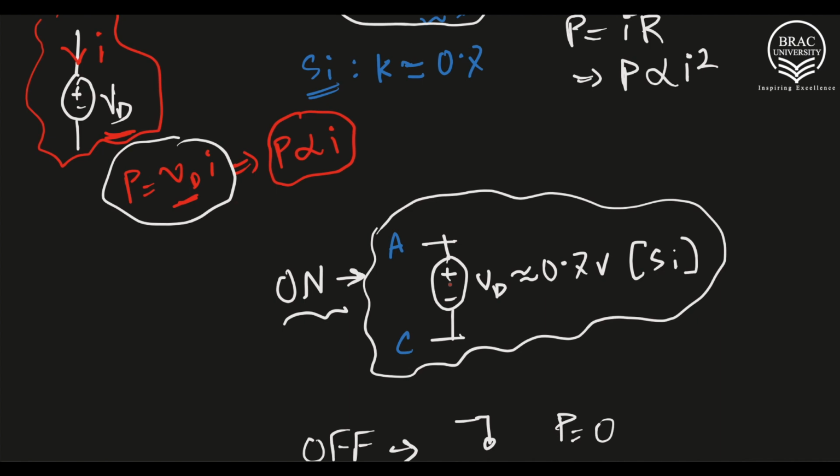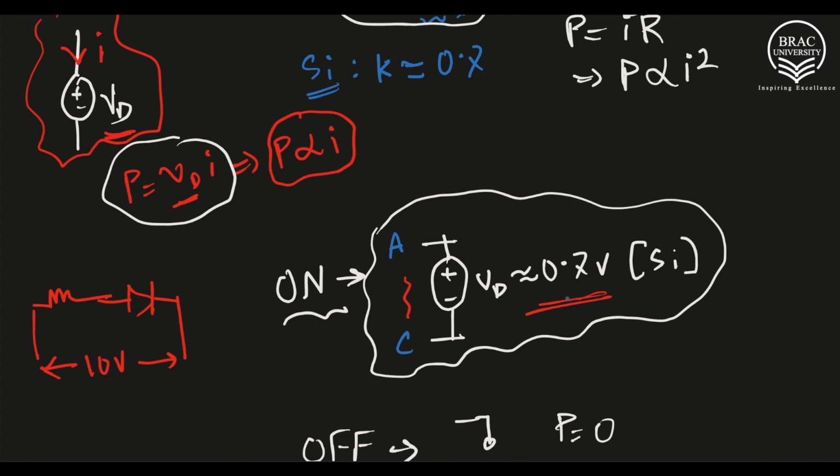Now, if we apply a voltage, say 10 volt, to a circuit with a resistance, then since Vd is 0.7, the diode will consume 0.7 volt.